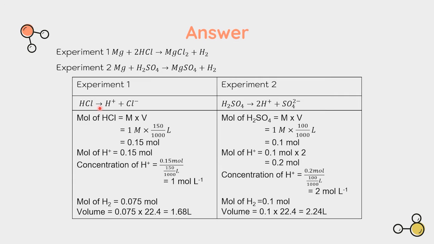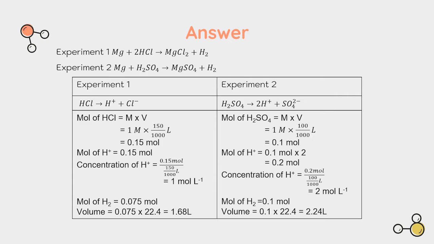So for the first experiment, we calculate the mole of HCl, where we have the molar already and the volume, so we just multiply them to get 0.15 mole. This 1 mole of HCl produces 1 mole of hydrogen ion.